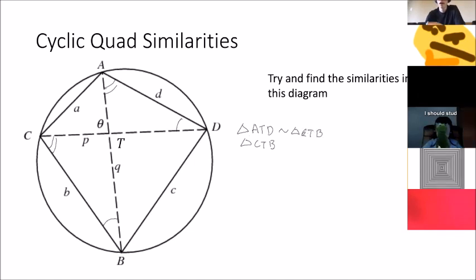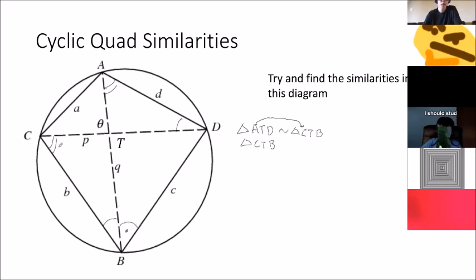And remember, I'm actually paying very close attention to the order of these points. So A and C are both first because this angle at A and this angle at C are equal here. That's why I put this order. And you can do a similar thing for these other two small triangles.